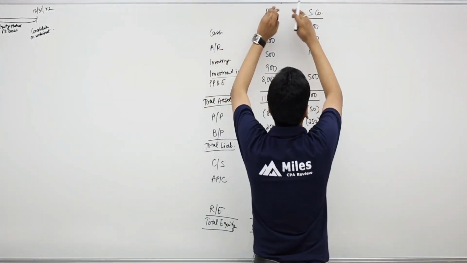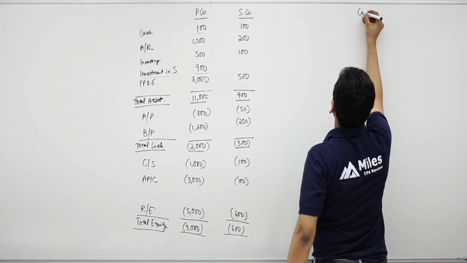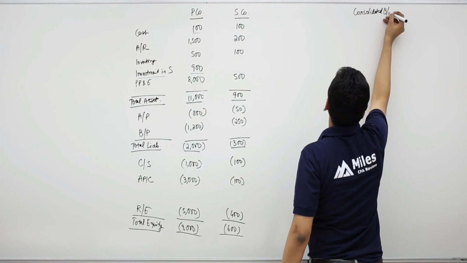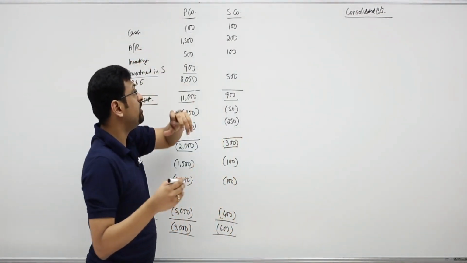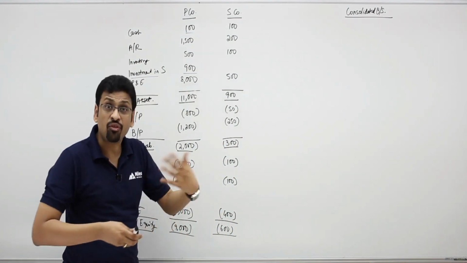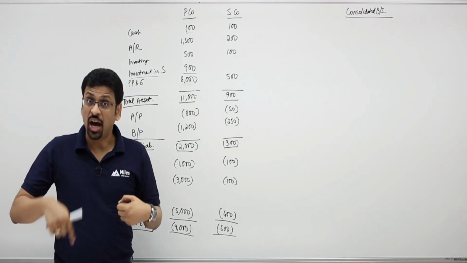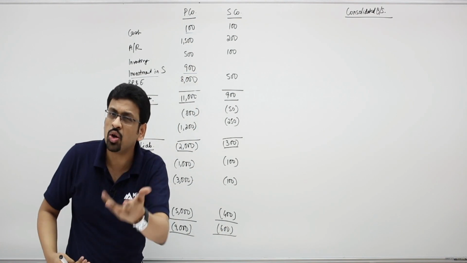So you have the parent, you have the sub, and now we're going to prepare consolidated financial statements. The parent has cash of $100. Subsidiary has cash of another $100. So the parent is going to say, my cash $100, your cash $100, our cash $200.